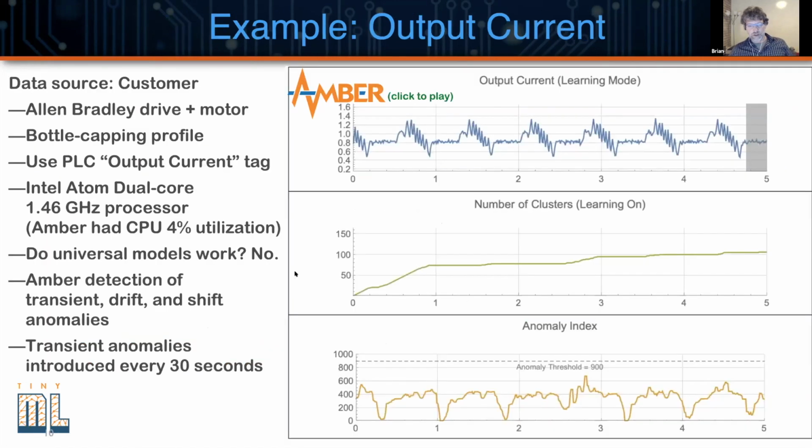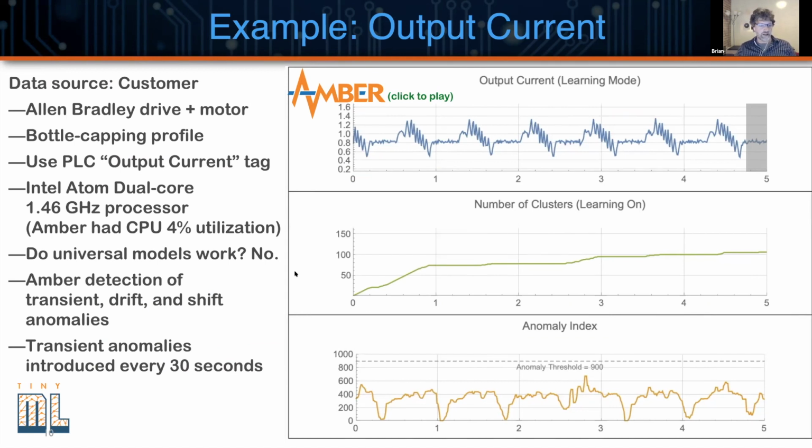So the first example here is data that was collected during a customer engagement. These were Allen Bradley drives and motors. We were running a bottle capping profile. So you can imagine a production line with a motion profile that's screwing a bottle cap on bottles as they pass by.